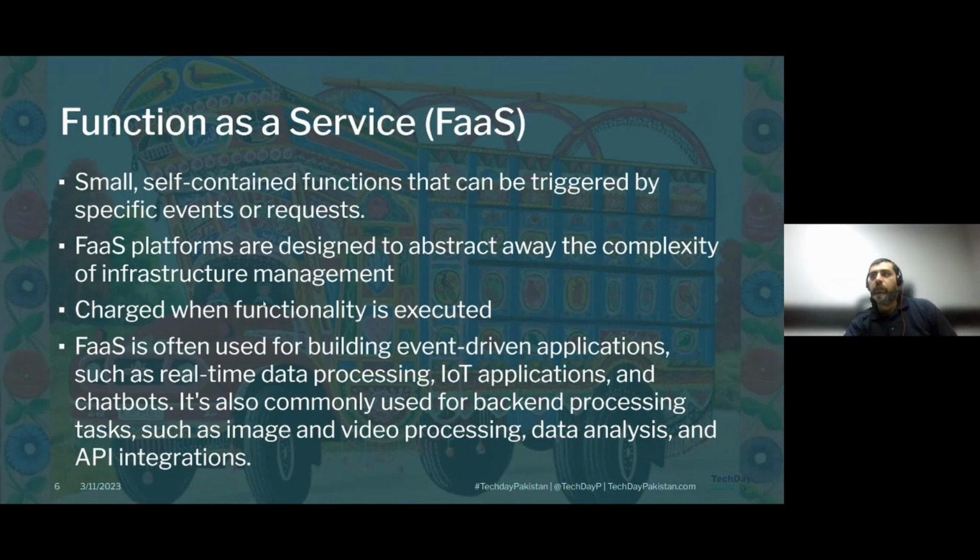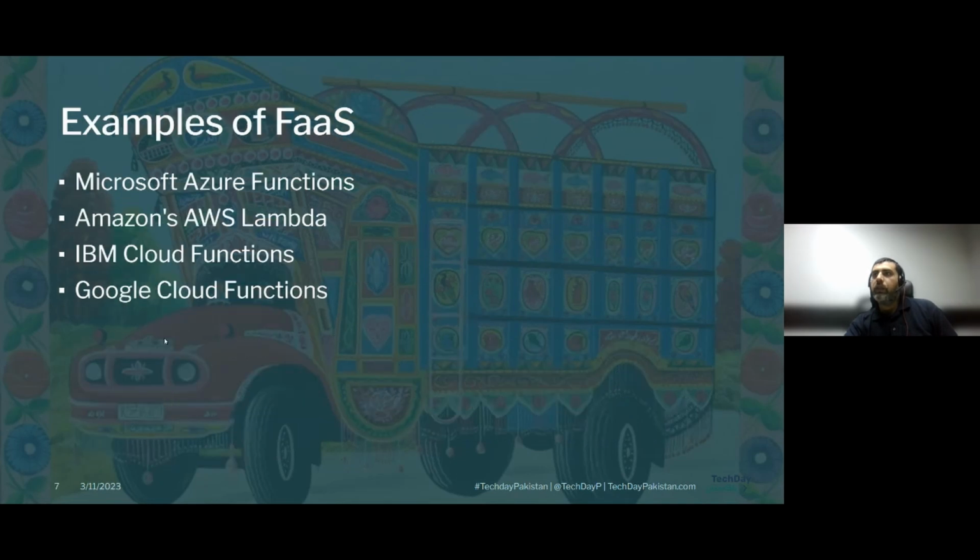Examples of FaaS: Microsoft Azure Functions, then Amazon AWS Lambda, IBM Cloud Functions, Google Cloud Functions. So, I mean, we are going to see Azure Functions, but the similar concept is available in other cloud platforms. So if you learn one, you can easily start using the other platform too.